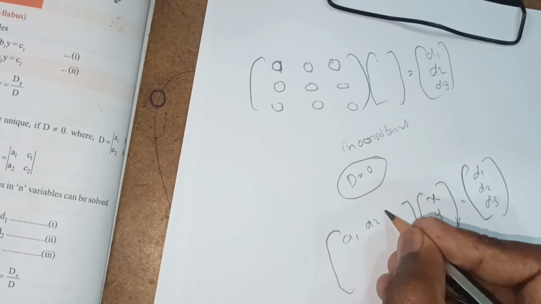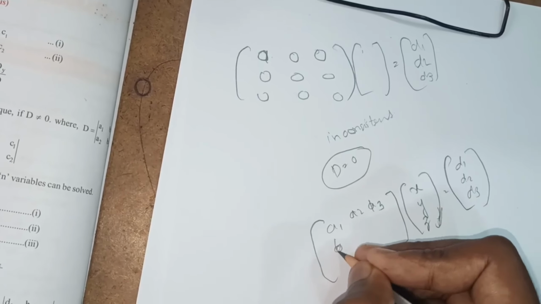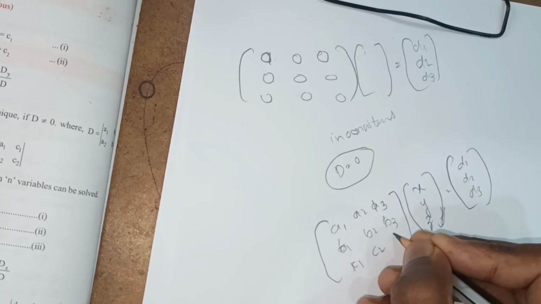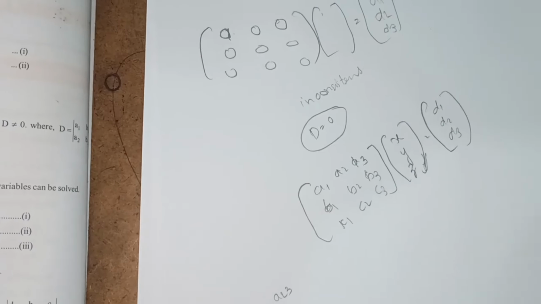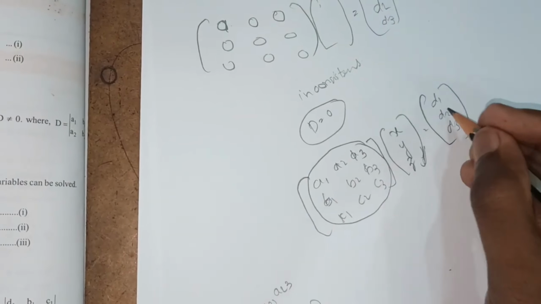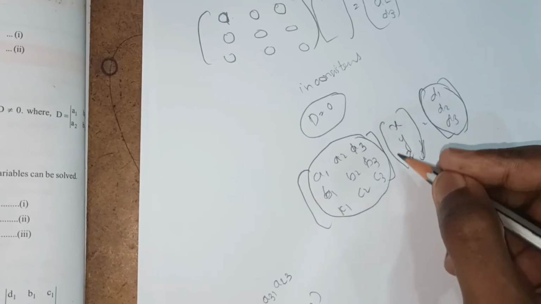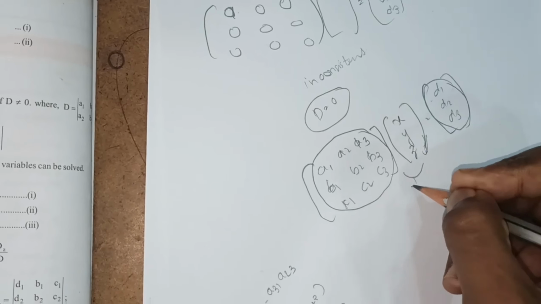We can write it as a1, a2, a3, or like this, b1, b2, b3, c1, c2, c3. So if these values are given, we can find the x values easily, and there is consistency. For these two multiplications we will get the answer as this one. So it is said to be consistent.